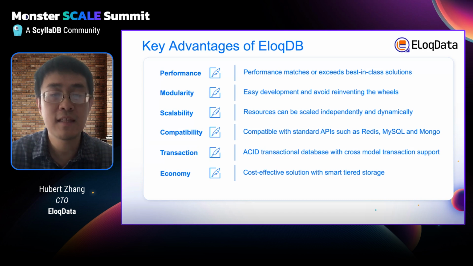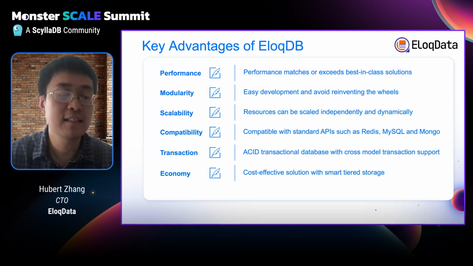The third one is scalability. Different resources in EloqDB can be scaled independently. For example, as your data increases, you can just scale your storage engine. ScyllaDB as a storage engine has very good scalability.